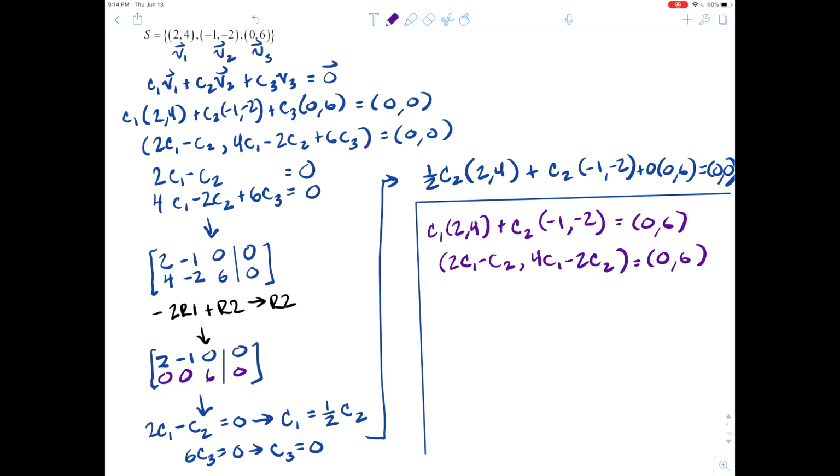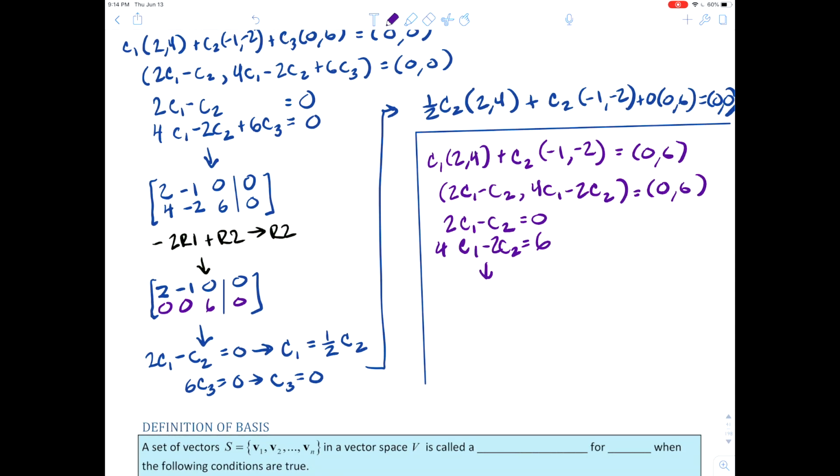So this gives us the system 2c1 minus c2 is 0, and 4c1 minus 2c2 is 6. Putting this into a matrix, we're going to have 2, -1, 0, 4, -2, 6.